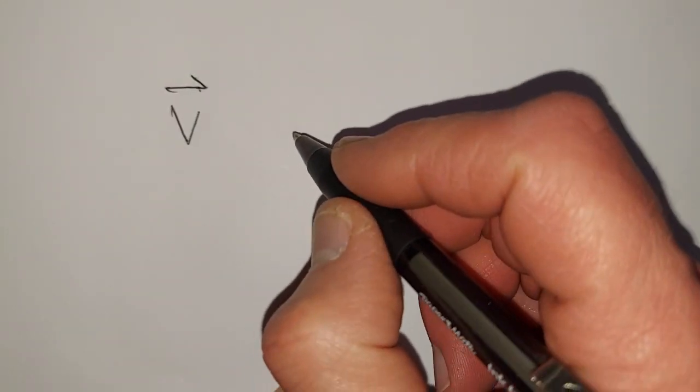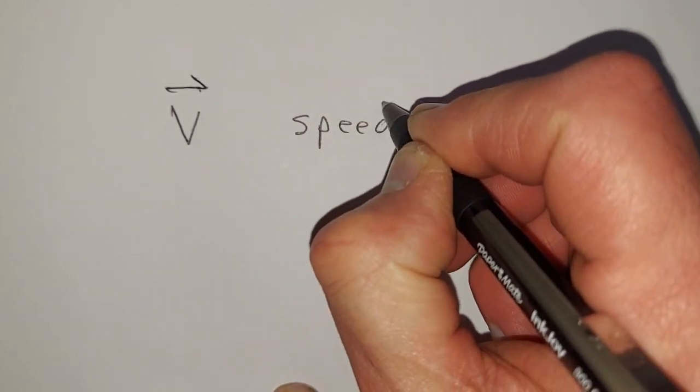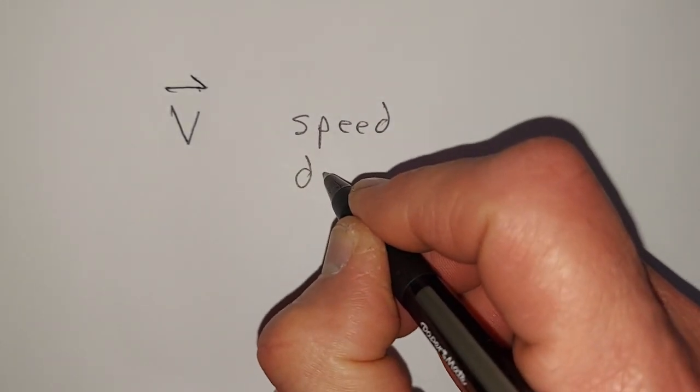Now, velocity is a vector. We indicate it with an arrow on top. That means it has both magnitude, which we call speed, and direction.